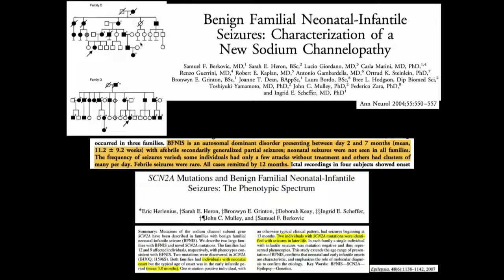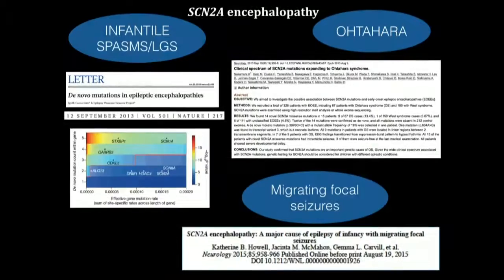And this was a clear explanation for the benign convulsions of the first days of life, which are well known to pediatricians. But the story became more complicated afterwards. The same team pointed out that some of the patients had seizures later in life, a few seizures, which were not severe conditions.